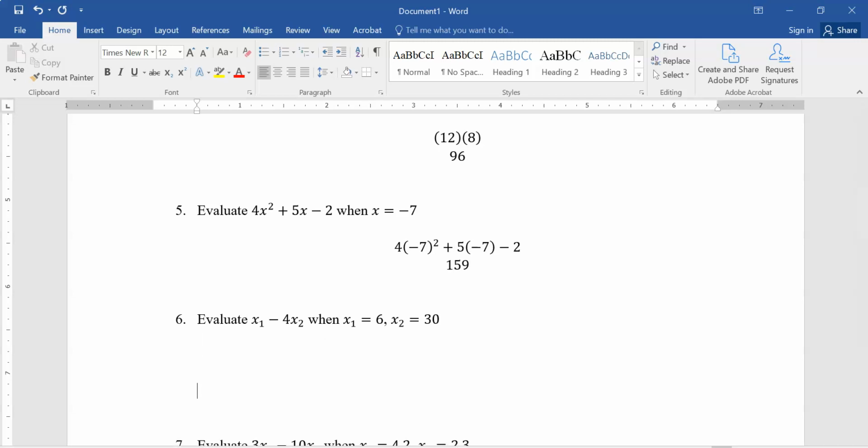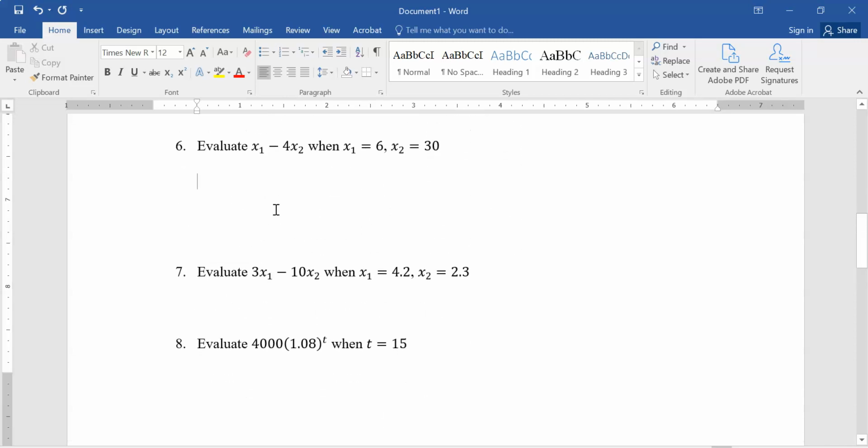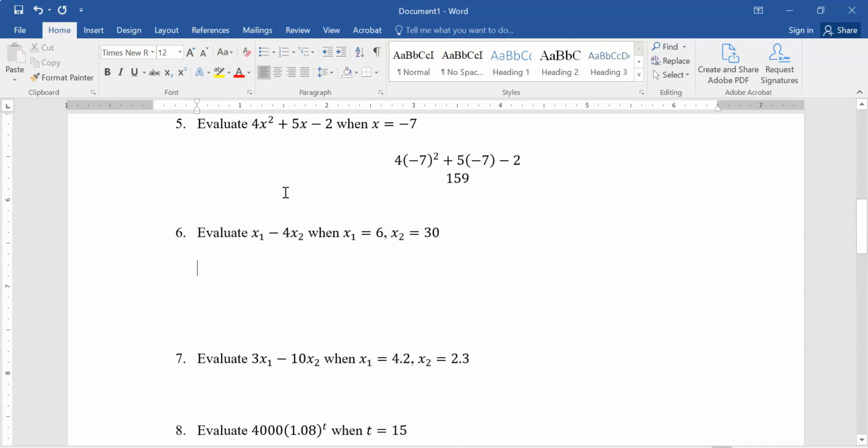Here's another little twist that we're going to come across this semester. This is what happens when we get x1, x2. Notice first off that these little numbers are below and to the right of the variable. This doesn't mean x to the first power. This x sub 2 does not mean x squared, right? When the 2 is above and to the right of the variable, that means squared.